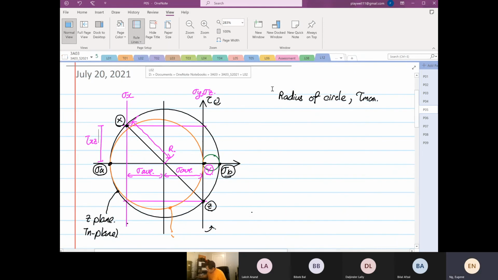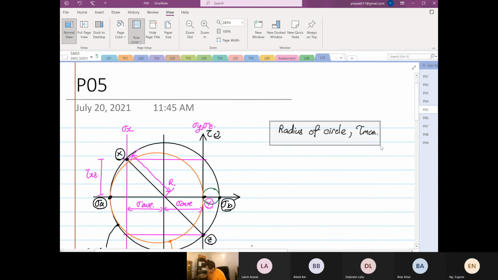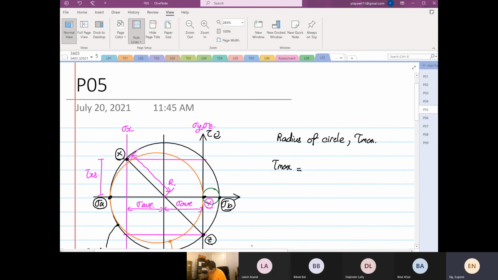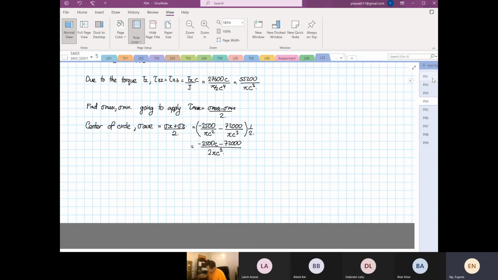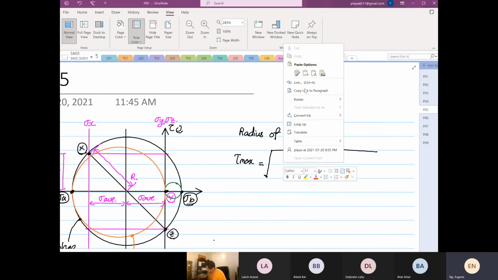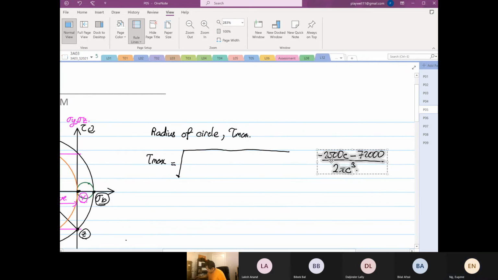So tau max will be equal to the square root of, we just found our stress average over here, so I'm going to copy and paste it here.